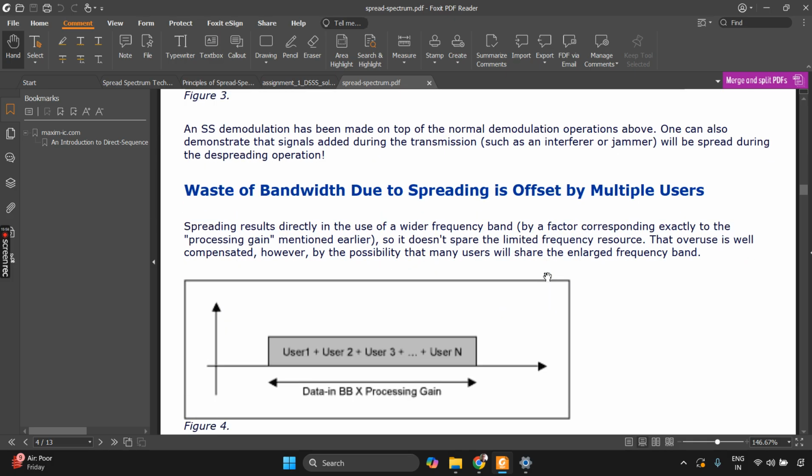Now the one thing that is natural to ask here is that bandwidth is a very limited resource. So why should we use so much bandwidth to transmit a symbol that can be reliably transmitted in a much lower bandwidth?